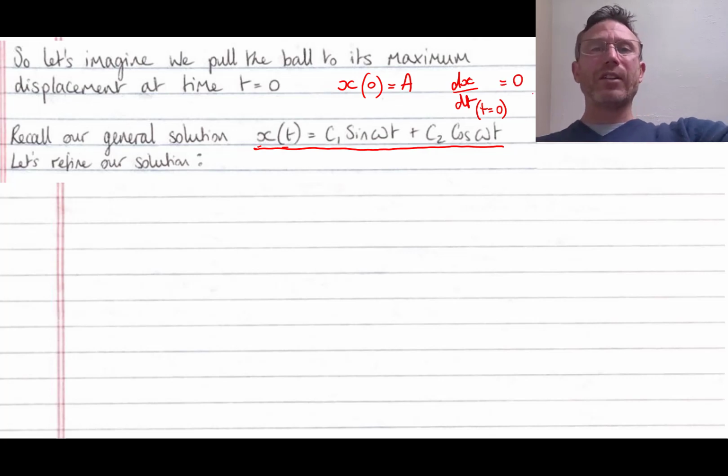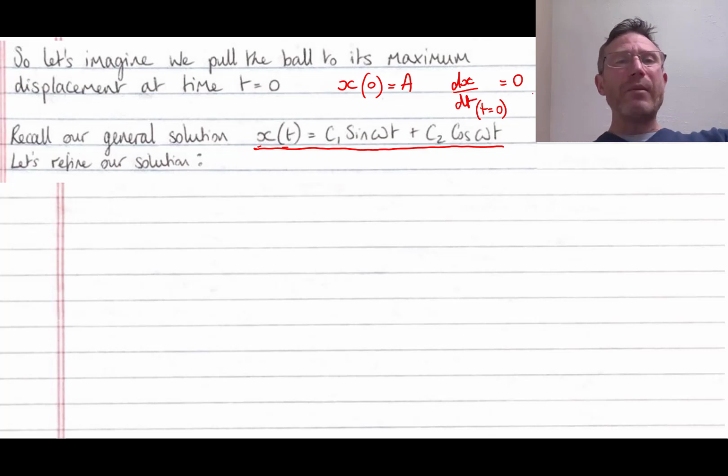Now we're going to consider our solution. Here's our general solution, and we can write x of 0 equals C1 sine omega t plus C2 cosine omega t.